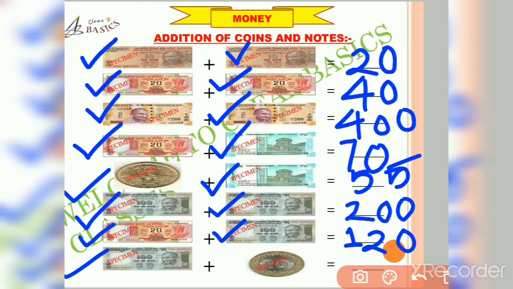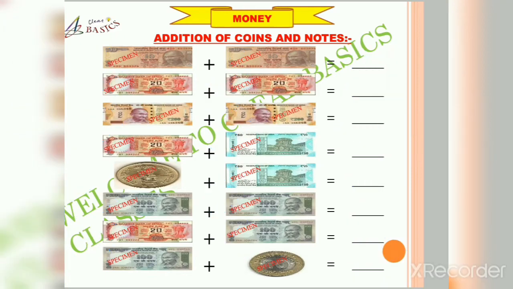There is a 100 rupees note. So in other words, we can say the value of this note is 100. And we will have to add it with another 10 rupees coin. So our final amount value is 110. So let us move on to our next slide.